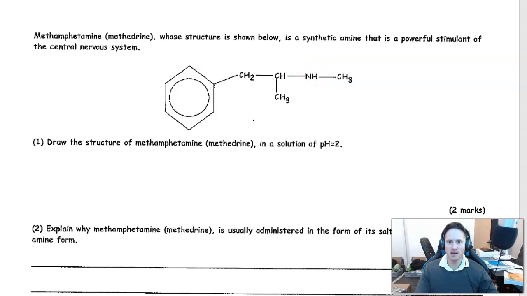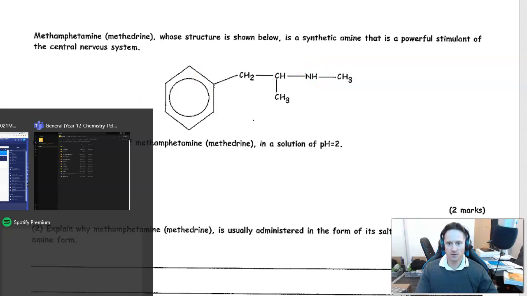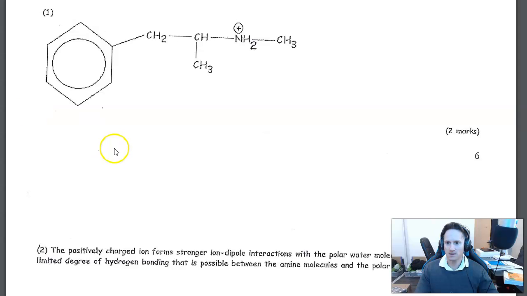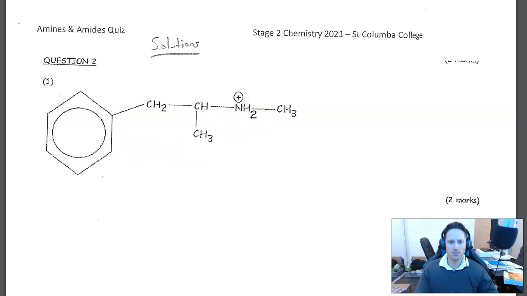So what happens is, and I'll just quickly Alt-tab here, you get an extra proton being attached. So you get an extra hydrogen, and you have a positive charge. Now, the important thing is the positive charge is clearly on the nitrogen, because that is the atom that has an extra proton being attached.